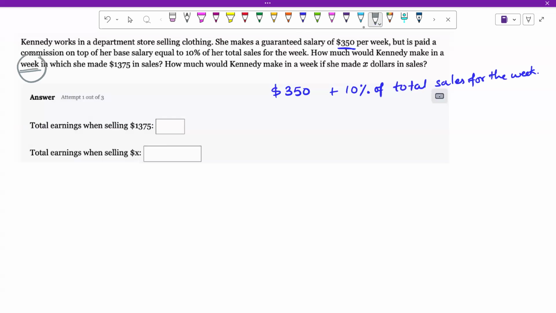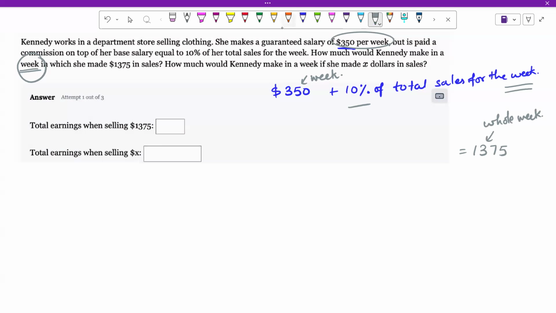This week, in total, she's getting $1,375. They are saying 350 per week, and on top of that she gets 10% of whatever other sales she has done, for the whole week.